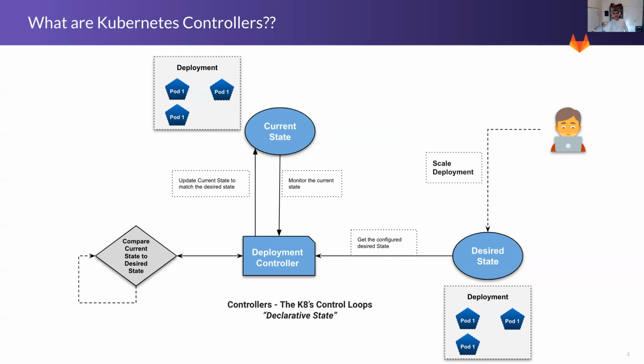If a user in our example changes the deployment object definition and, in the spec, says please kubectl scale my deployment and add a new pod, the deployment controller, because it's continuously comparing the desired to the current state, will update the current state and add a new pod.